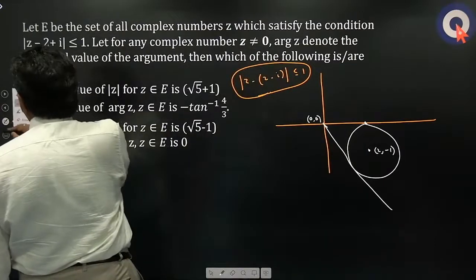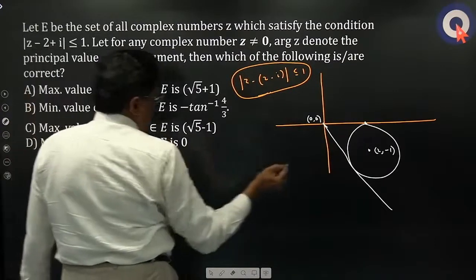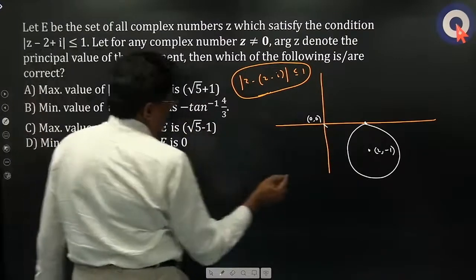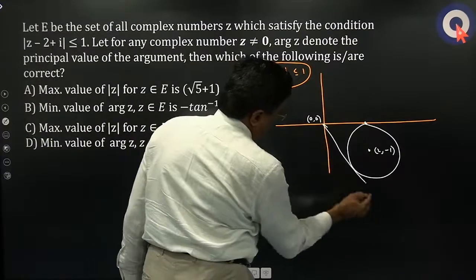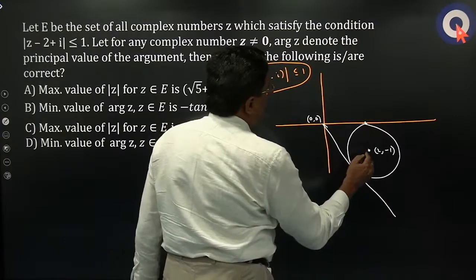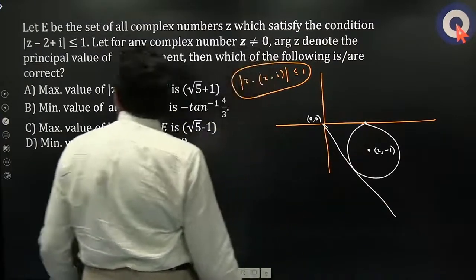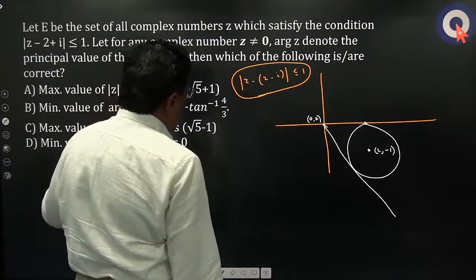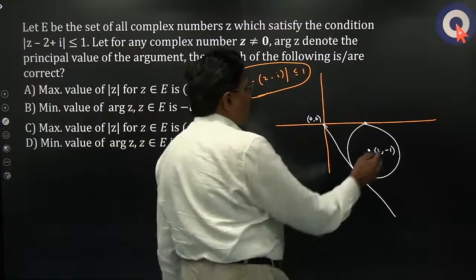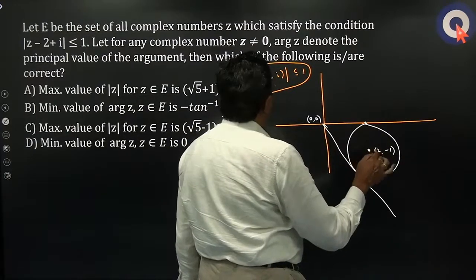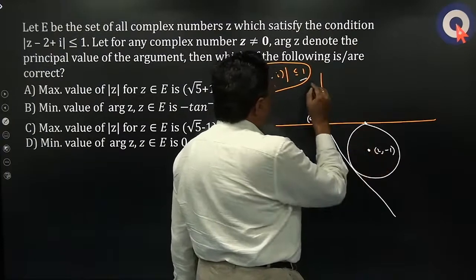So that's the issue. All right, we'll adjust with that. So now we have to look into these options, maximum value of mod z, etc. So z can be anywhere within this circle, center at 2 comma minus 1 and radius 1 unit.